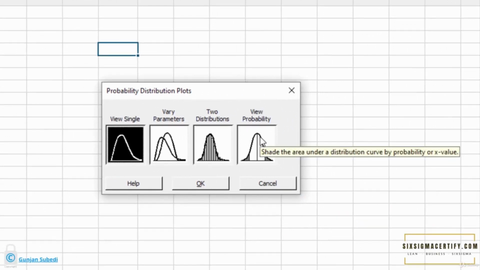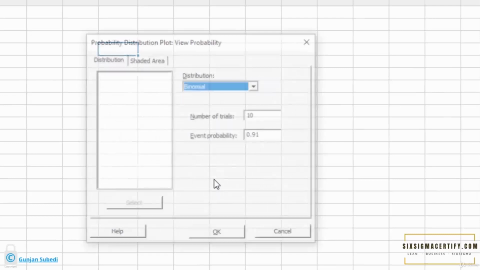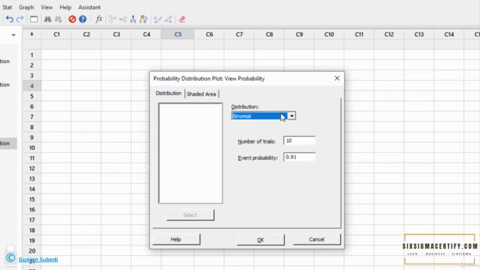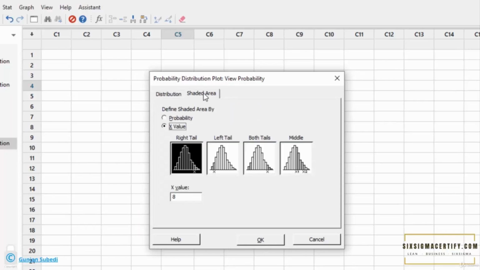I will click the view probability and click the OK button. Now you have to select the binomial distribution over here. The number of trials is 10 as earlier. Event probability is 0.91, and I go to the shaded area. Make sure that you click the X value instead of the probability when you are running this window, because clearly we know the X value. We want to find out the probability of at least 8 flights landing on time.